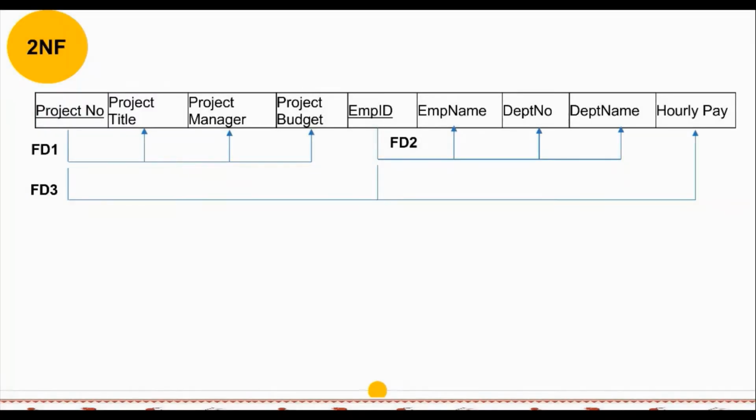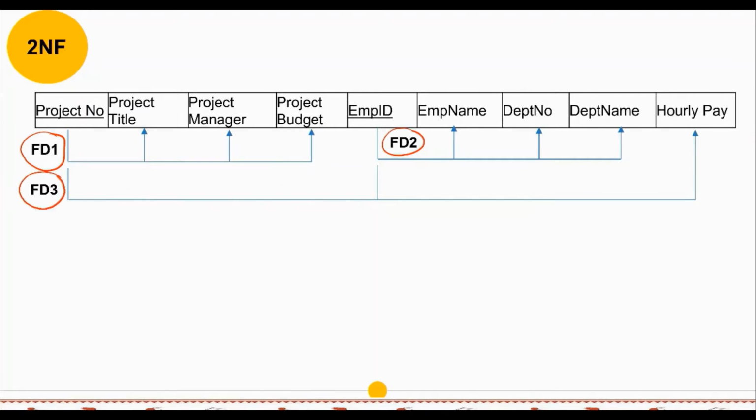Let us consider this particular example. We have a list of attributes and here we have a few functional dependencies: functional dependency 1, functional dependency 2 and functional dependency 3.